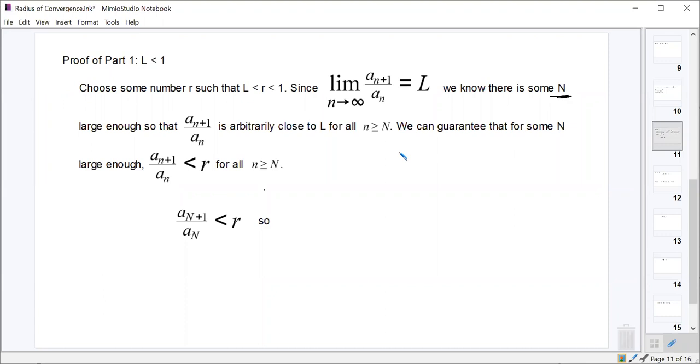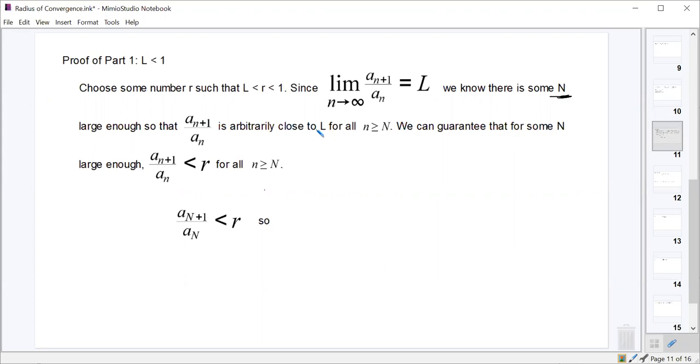Somewhere for some n in there, I know that a sub n plus 1 over a sub n hits L. It gets very close to L. It effectively is L, right? And L is just a number, right?